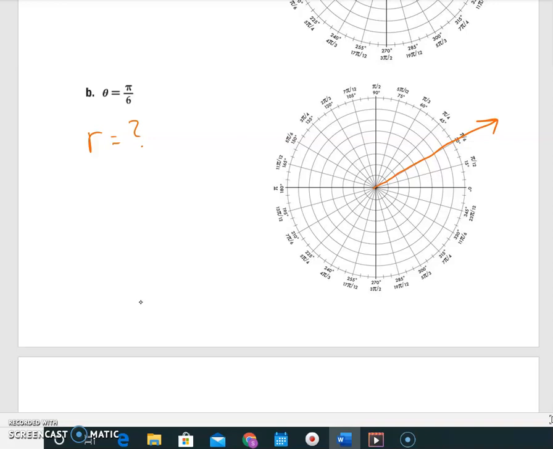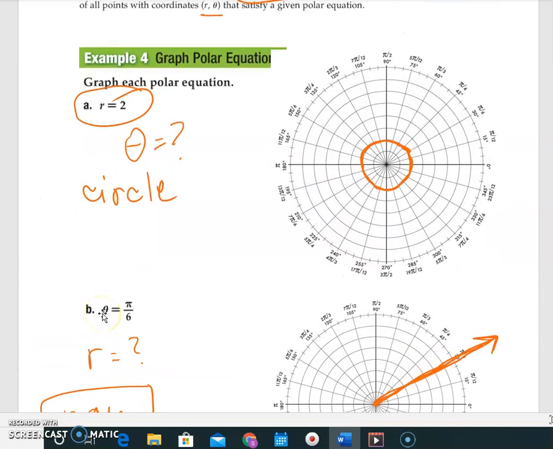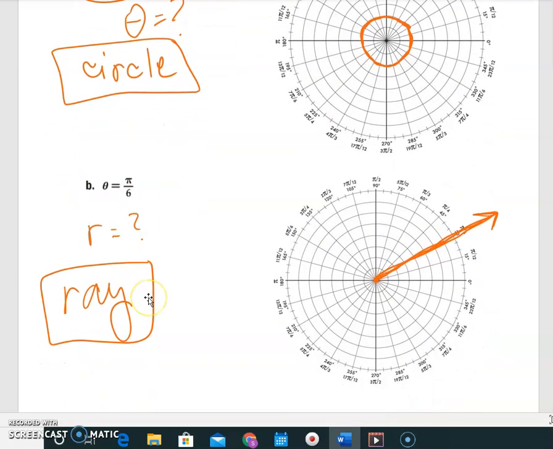But because I don't know whether I'm going out 1 unit or 4 units or whatever, any radius that I give this is going to work. So it's actually the whole ray. Again, if I have r equals, I'm going to graph a circle, and if I have theta equals, I'm going to graph a ray.